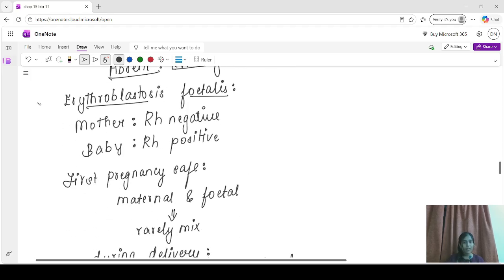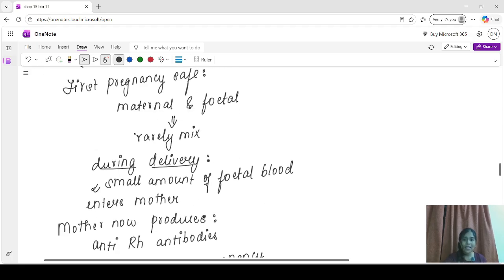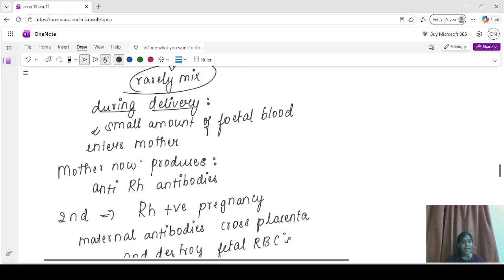Now, let's come to the very important topic of this lesson, erythroblastosis fetalis. Here, the mother is RH negative and the baby is RH positive. In the first pregnancy, there will be no problem. It is usually safe because maternal and fetal blood will rarely mix. During the delivery, a small amount of fetal blood will enter the mother.